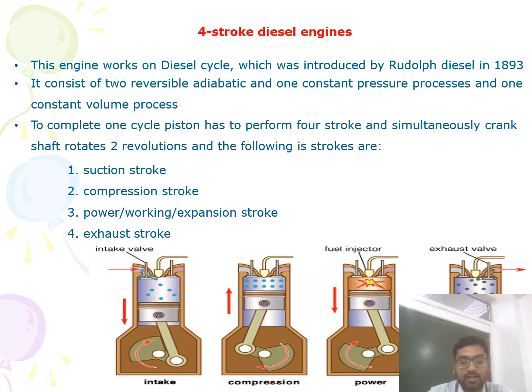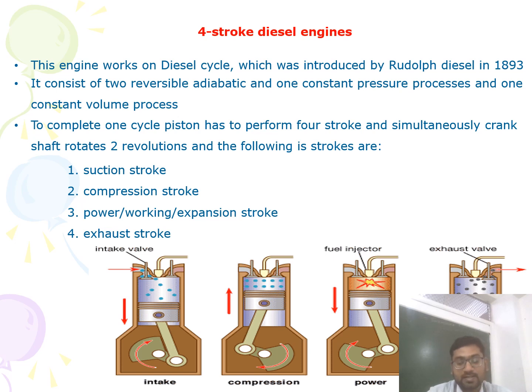The fuel injection starts near the end of the compression stroke, but the rate of injection is such that the combustion maintains constant pressure. The constant pressure expansion with simultaneous combustion is represented by the horizontal 3 to 4 line on this PV diagram.